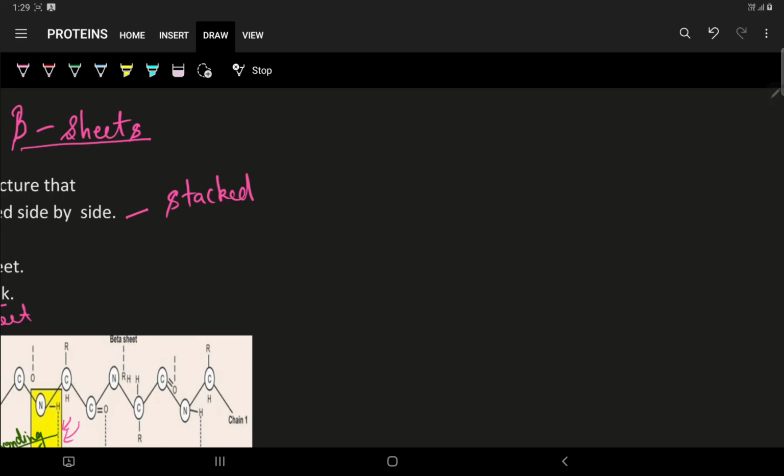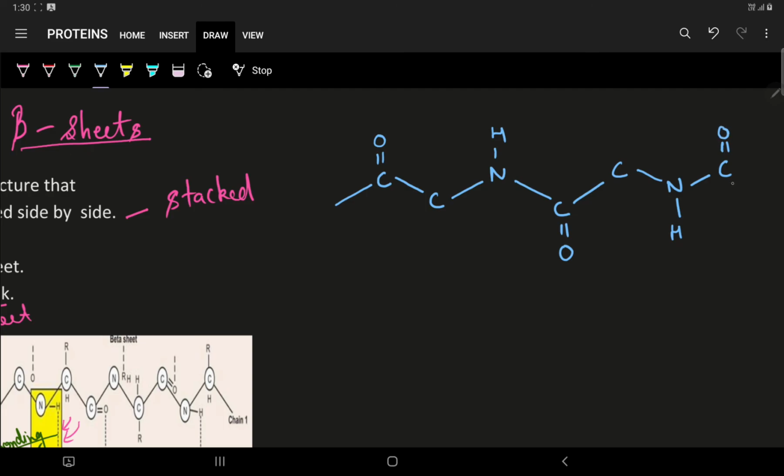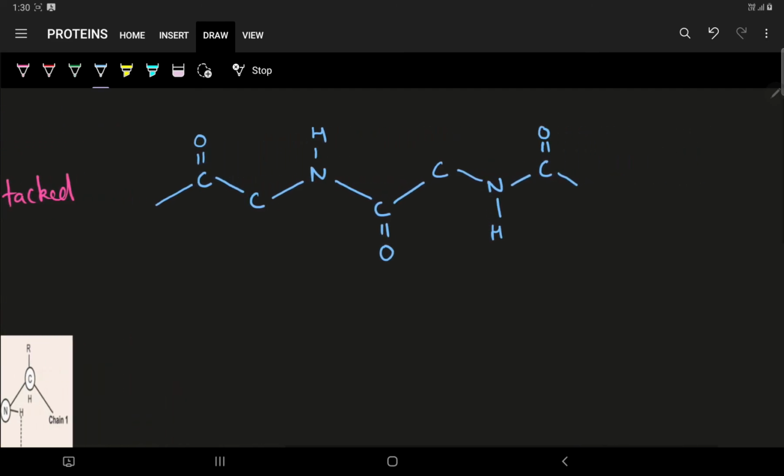We will be drawing two polypeptide chains. So see here, these are the alpha carbons.